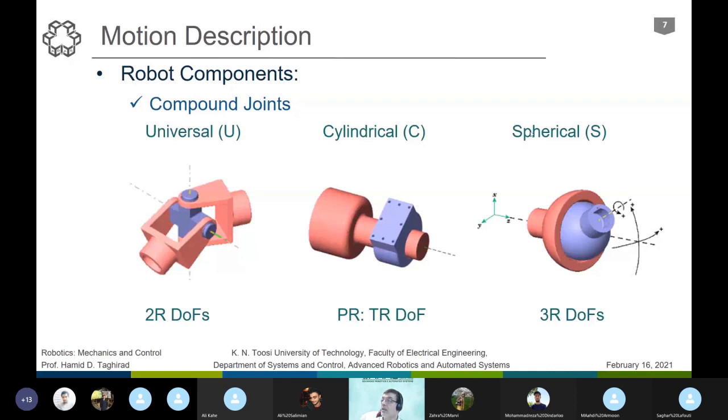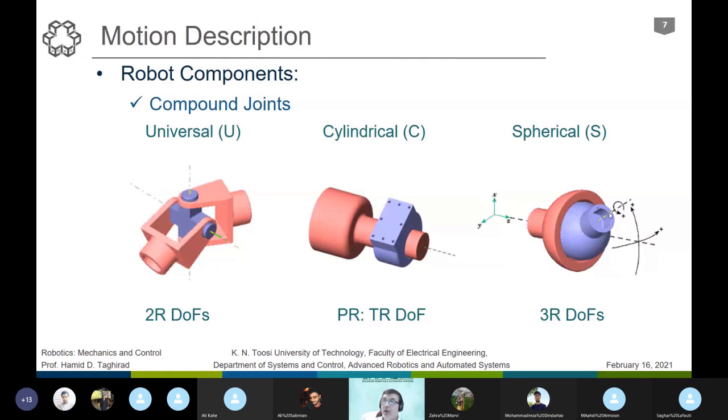naturally and quite frequently. But in mechanical structures, especially in serial robotic analysis, we can replace a spherical joint with 3 intersecting rotational joints.